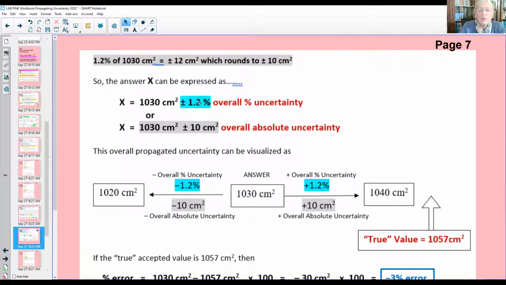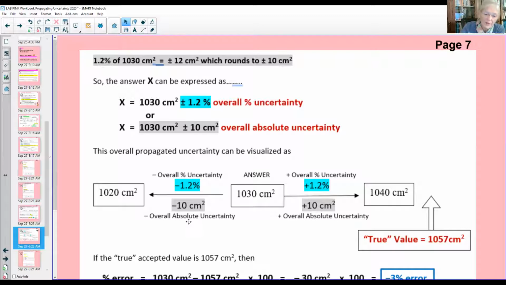To take 1.2% of your result, you multiply it by 0.012. That's how you get 10 centimeters squared as your overall absolute uncertainty.